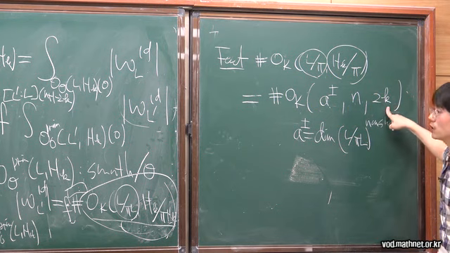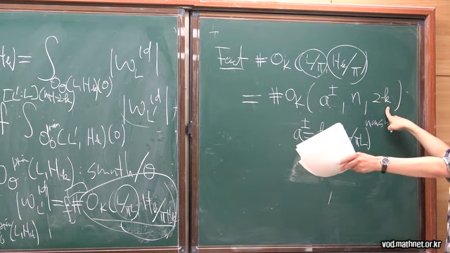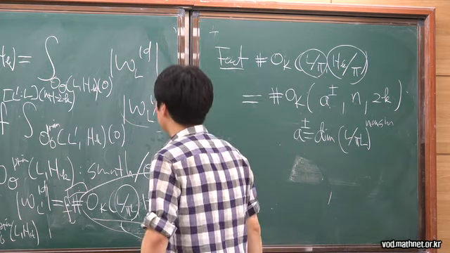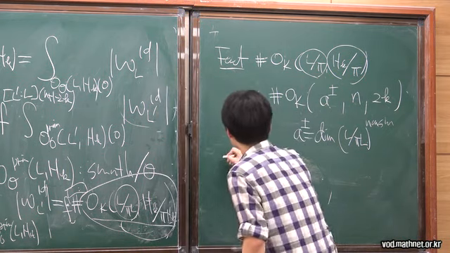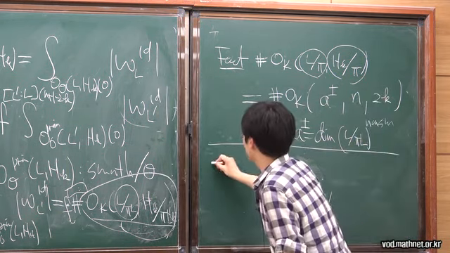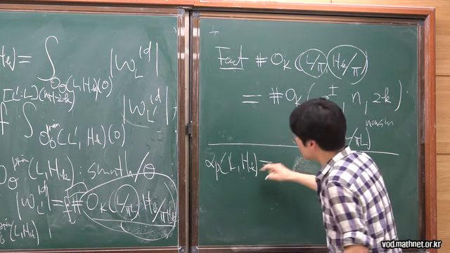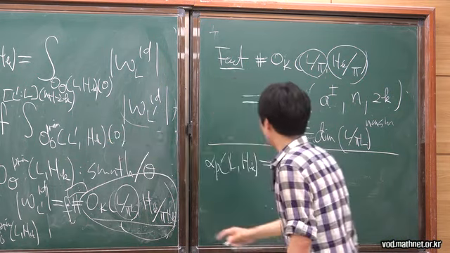But n and 2k are already fixed from the initial step. Right? So it means that now we are almost all done. This is the definition of the Siegel series.